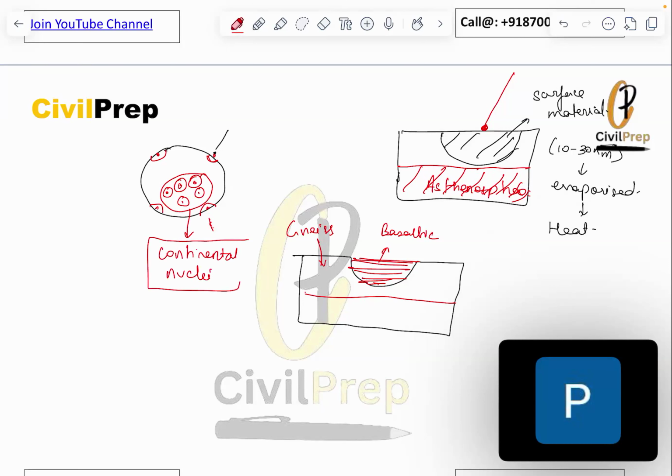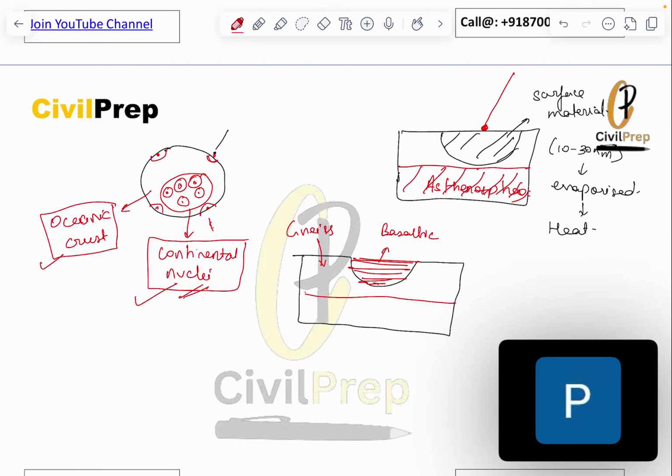There was formation of continental nuclei, which was surrounded by oceanic crust. Now, when we are able to explain the formation of continental nuclei, we are able to differentiate two things, that is the formation of continental crust and the formation of oceanic crust.